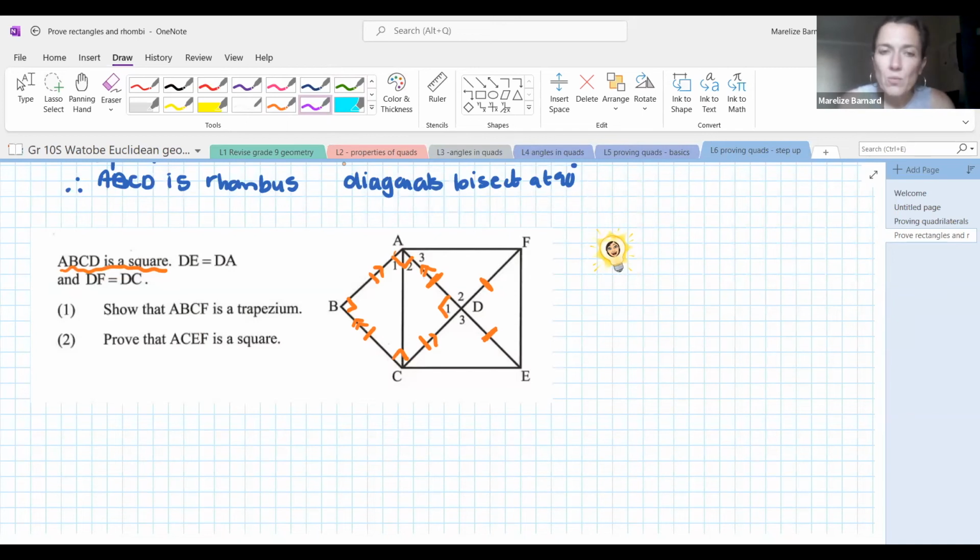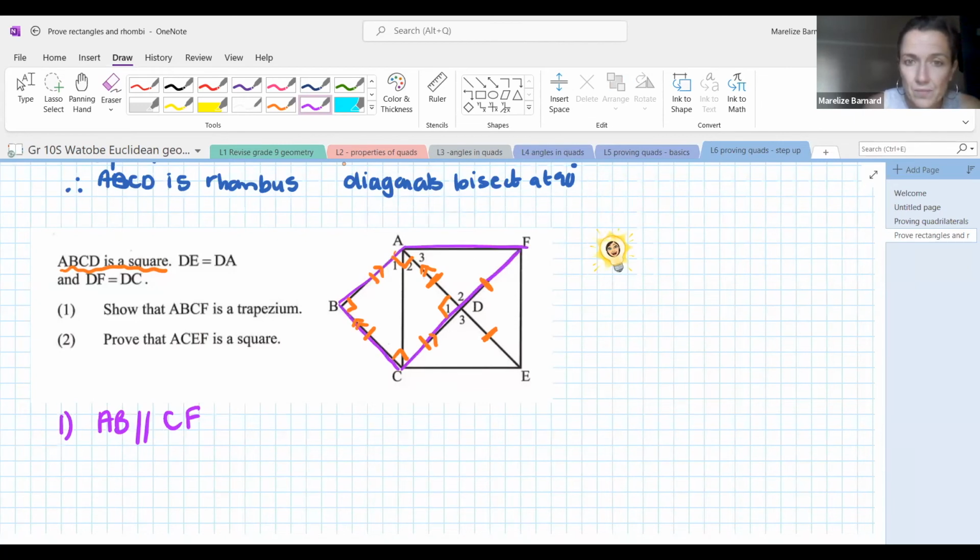Where did we get that from? We got that from the fact that ABCD is a square. That's how we got those parallel lines. Well done, Sandile. So we're going to say, actually, let's start and just say AB is parallel to CF. Okay, so CD, CF, these are all straight lines, so we can extend it to our trapezium here. So AB is parallel to CF.